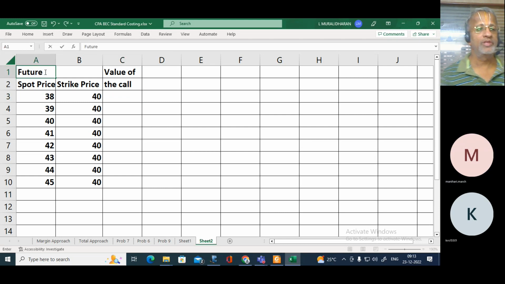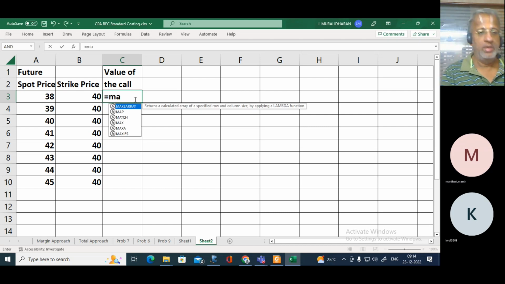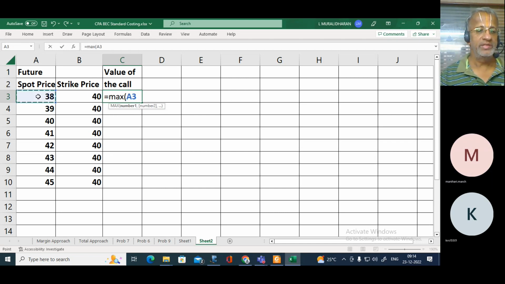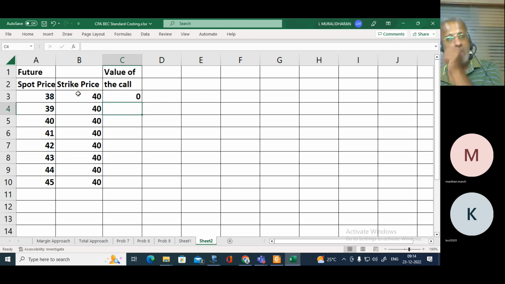Yes, sir. Future spot price. How will you do that? So maximum of this minus this, comma 0. I will not exercise at all.